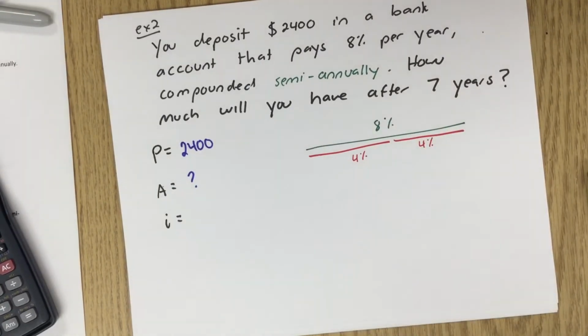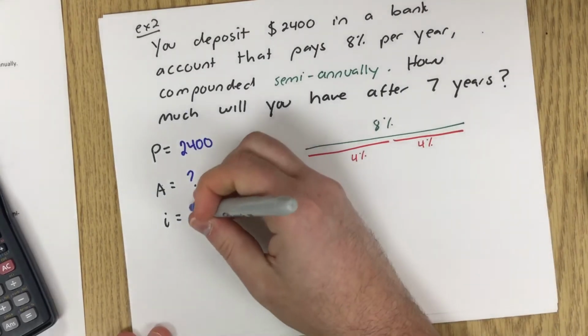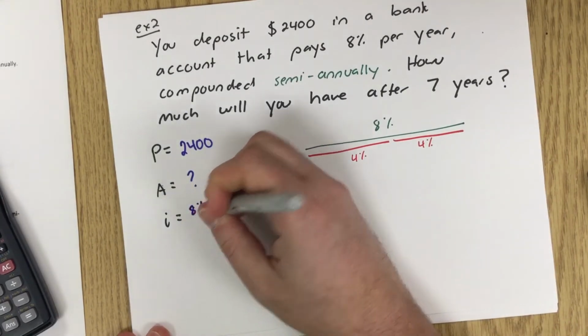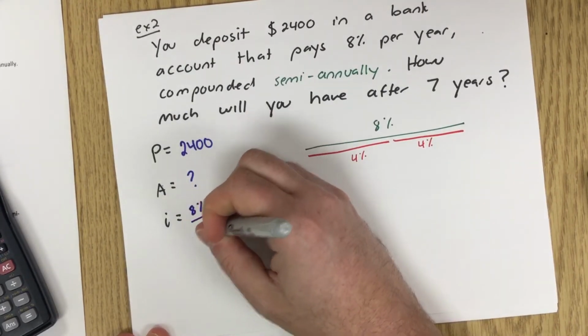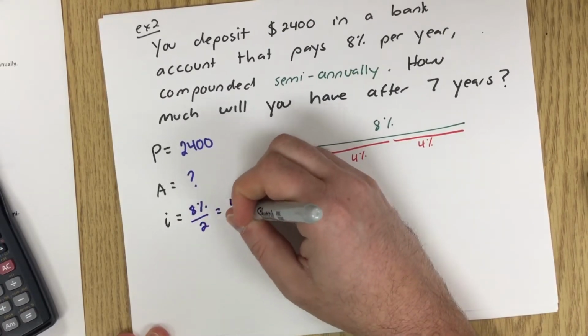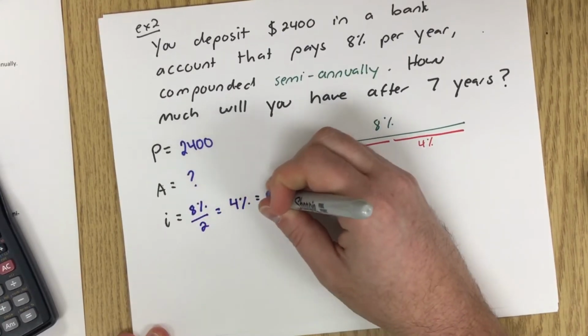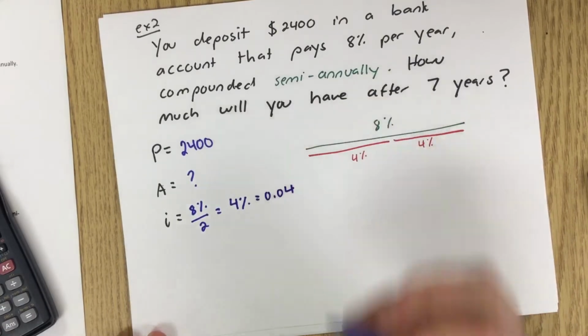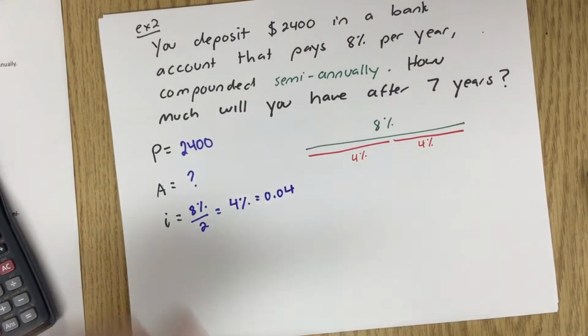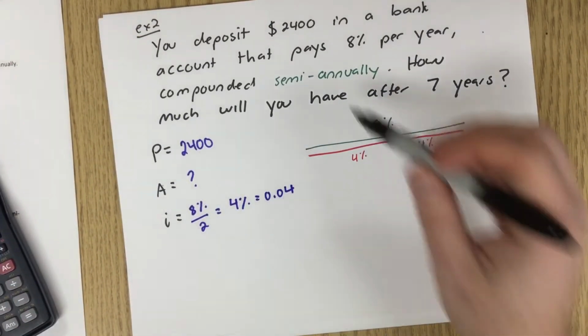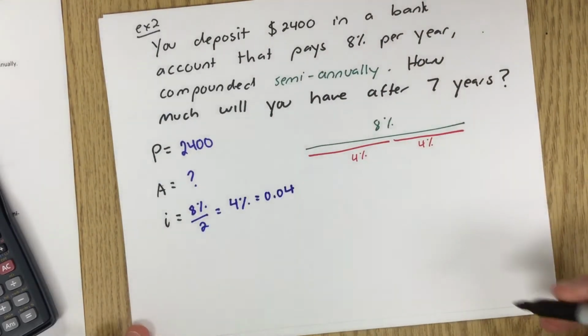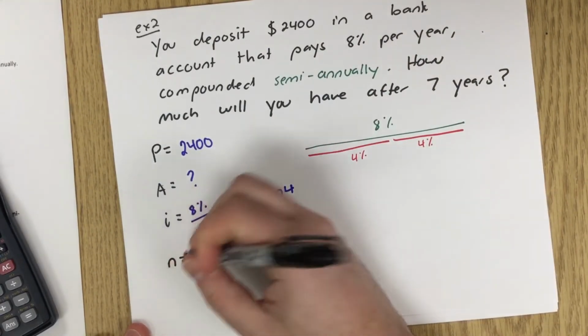Now how would you do that in a mathy way? Well, you would say, okay, it's 8% per year, but there are 2 compounding periods per year. So it's going to be 4% per compounding period, which is 0.04. So the I changes because of the semi-annually. The N is also going to change.